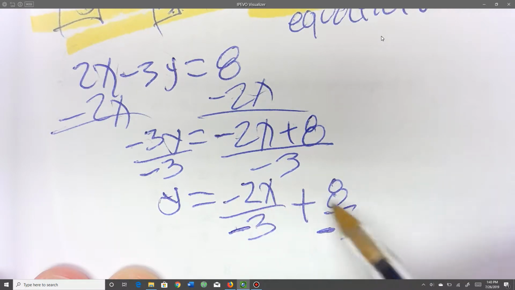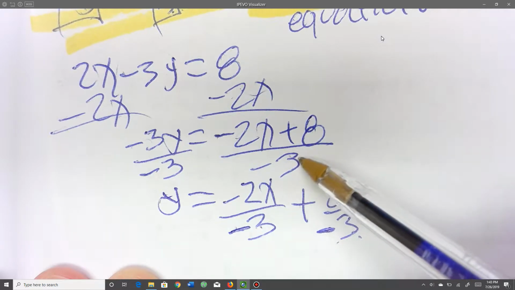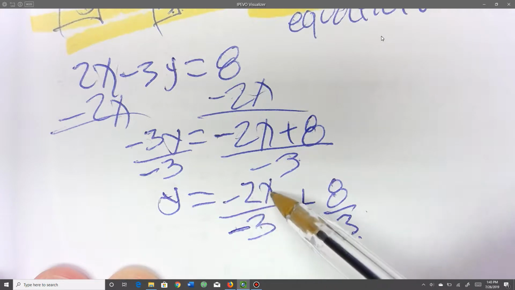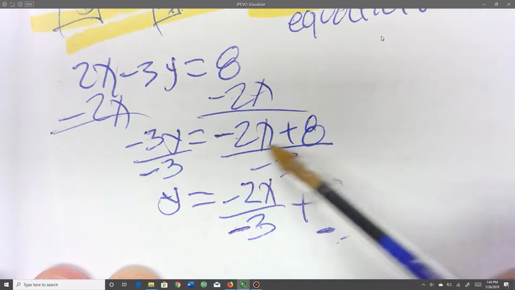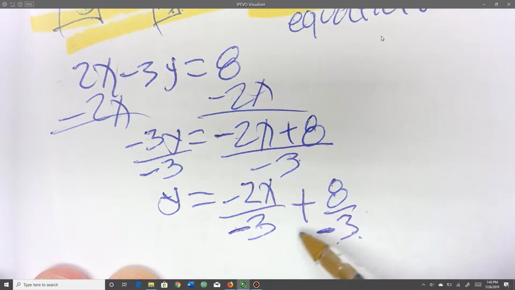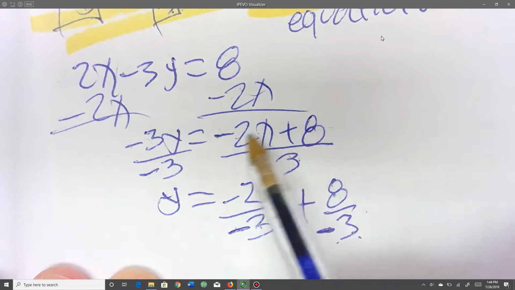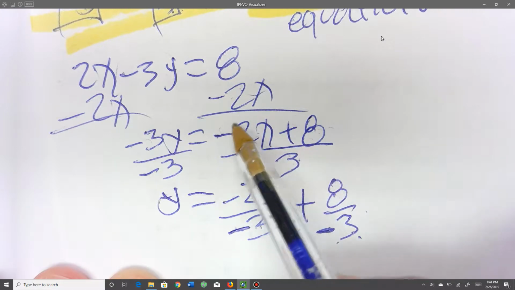If you add these, you keep the denominator and then just add negative 2x plus 8, which is this. So we haven't done anything to this except rewrite it. And here you cannot combine these two together, remember? Because this is a constant and this is a variable, even though you have two of these.